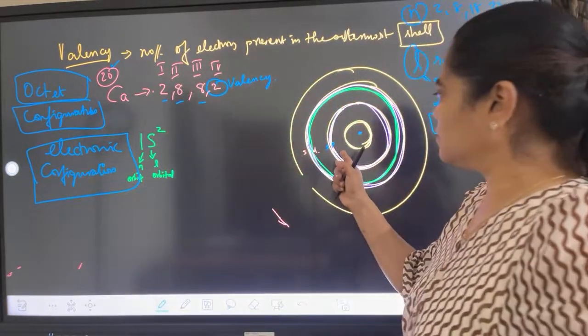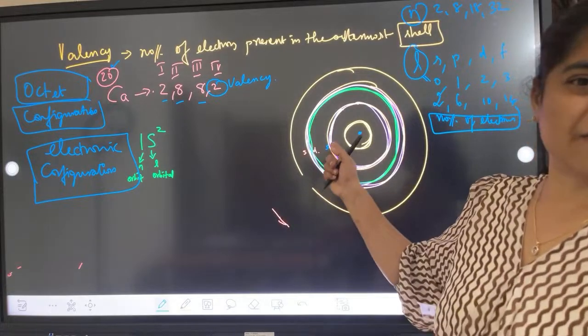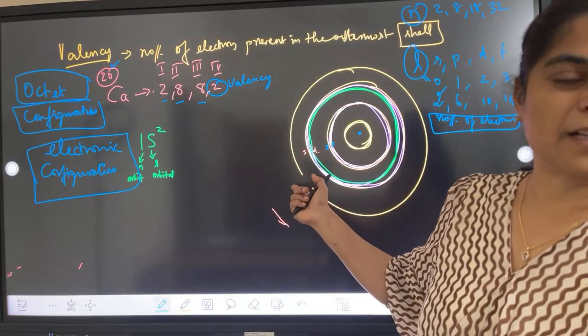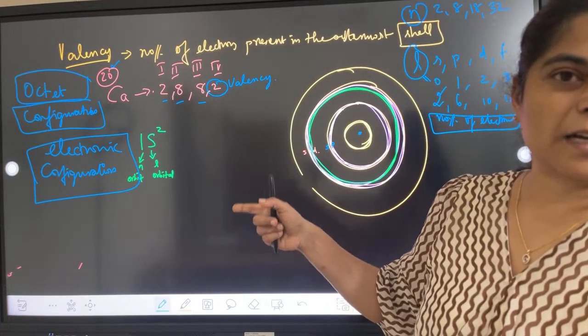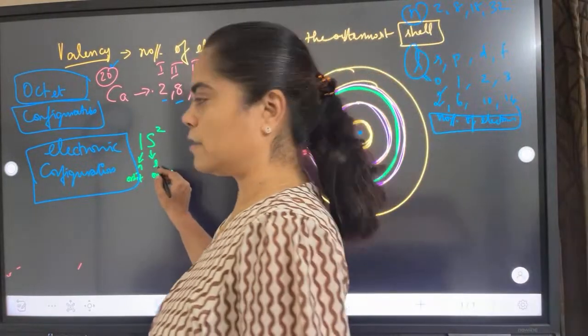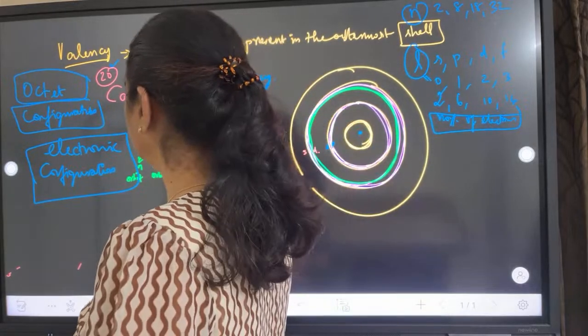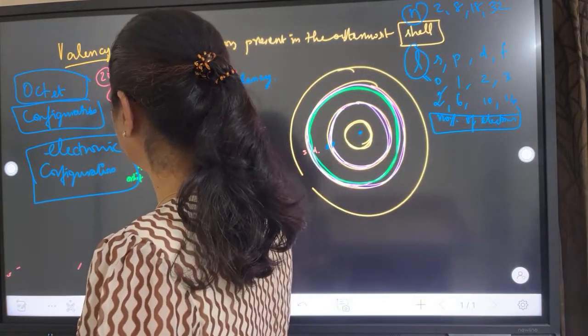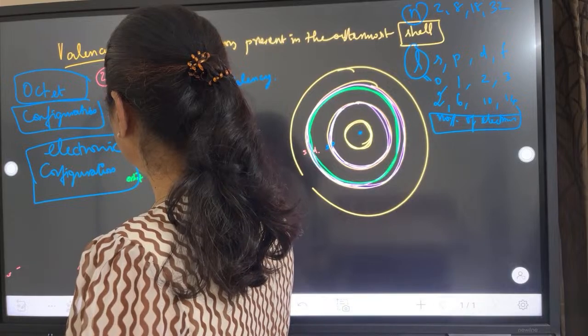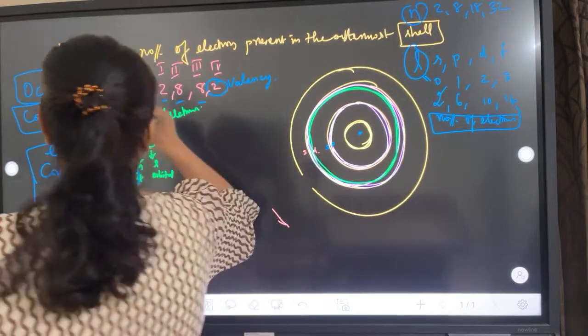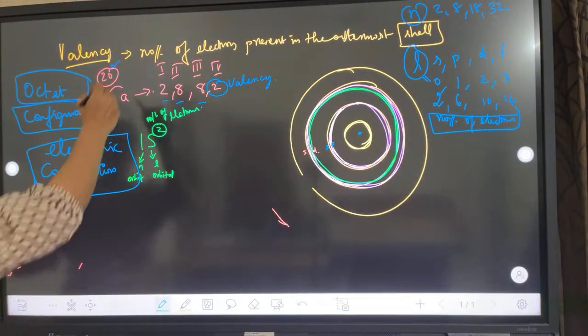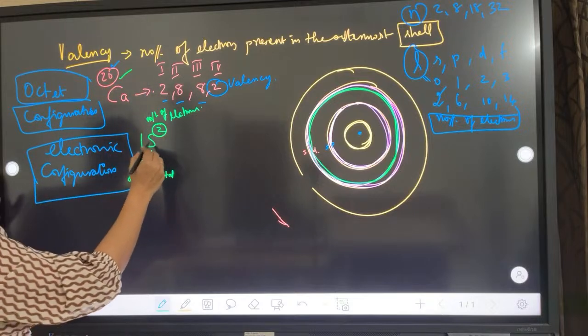I have drawn the sublevel, the energy sublevel. It is designated by the letter L, right? Orbital level. Understood? Then this 2 talks about the number of electrons. Likewise, we need to write for all the orbits. So the 20 electrons of calcium can be distributed like this.